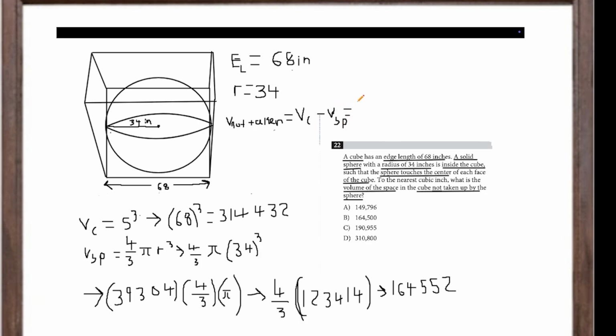Now we input our numbers: 314,432 minus 164,552 equals 149,880. And the nearest answer choice is A. So therefore our answer is A.